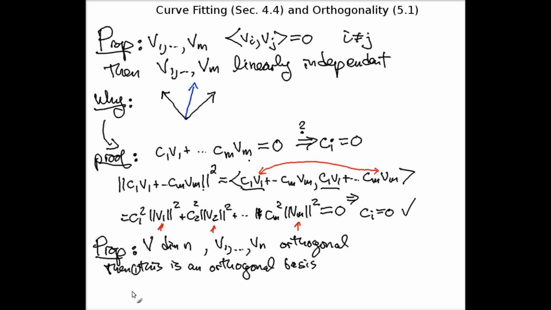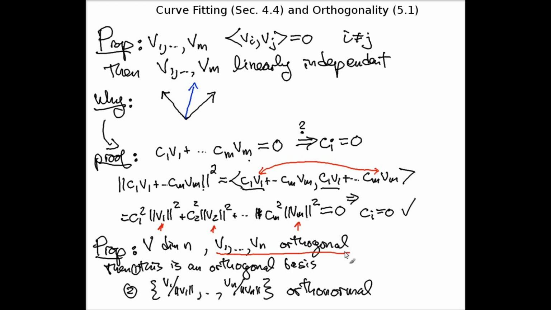And secondly, V1 over the length of V1, if you normalize them, you get an orthonormal basis. So what that says is, in order to find an orthonormal basis in an n-dimensional vector space, basically the main thing that you need to do is find n orthogonal vectors.